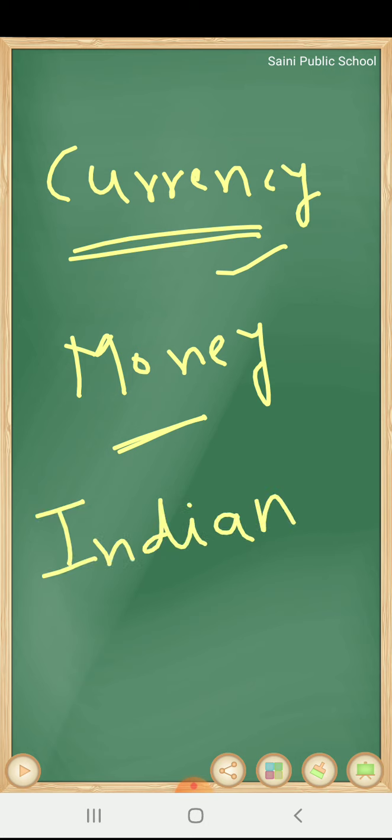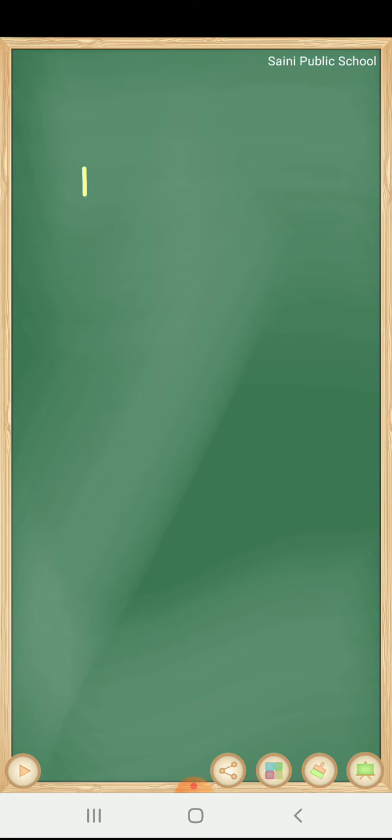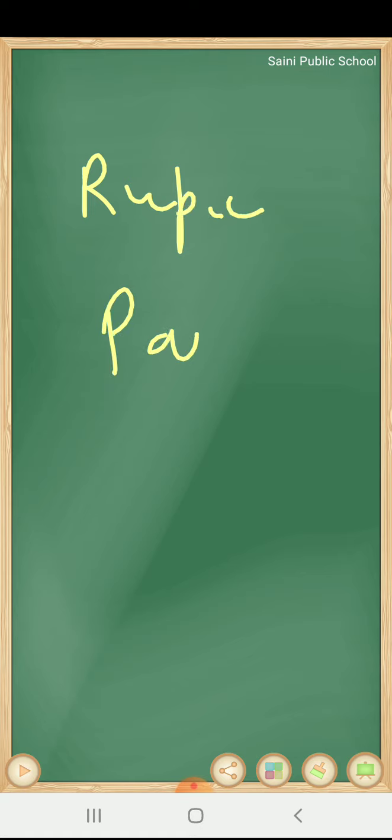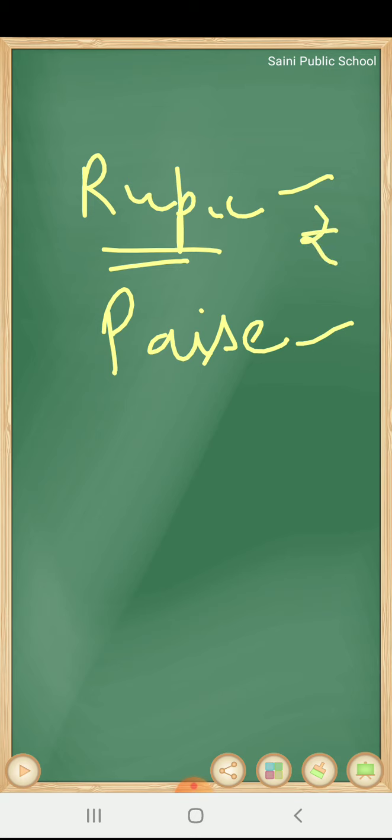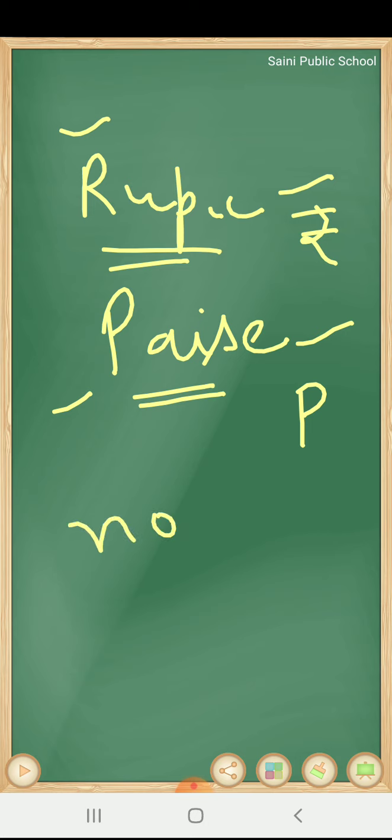Indian currency is rupee and paise. These two are Indian currency. For rupees, we use this symbol, and for paise, we use this symbol. Indian currency is measured in notes and coins.